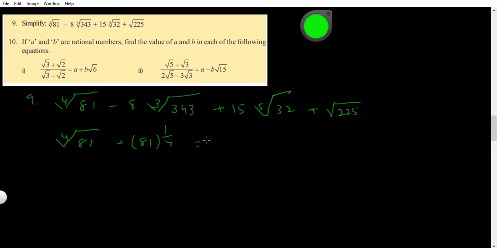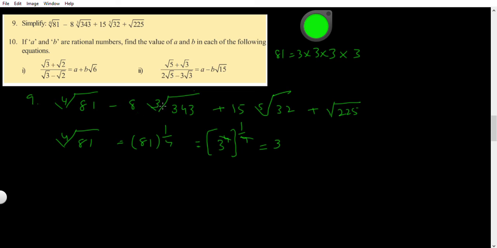That equals 3 to the power of 4, whole to the power of 1 by 4. That means 81 is nothing but 3 times 3 times 3 times 3: 3 3s are 9, 9 3s are 27, 27 3s are 81. The 4s get cancelled, we get 3 in place of fourth root of 81.